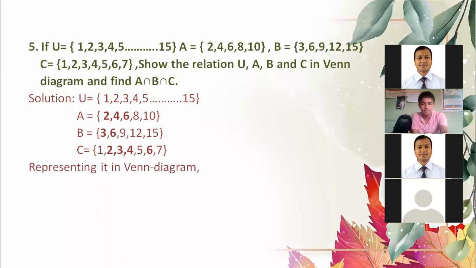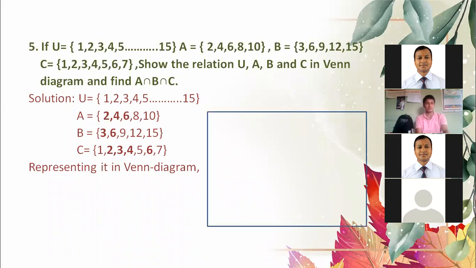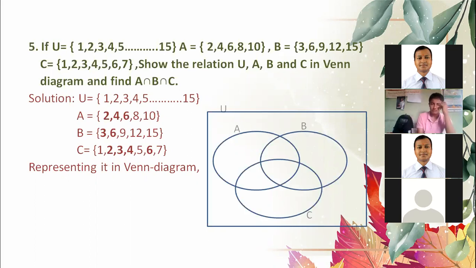And if we want to represent it in a Venn diagram, at first draw the universal set U, then set A, set B, and set C. A rectangle is for the universal set. Circles or ovals are for sets A, B, and C.